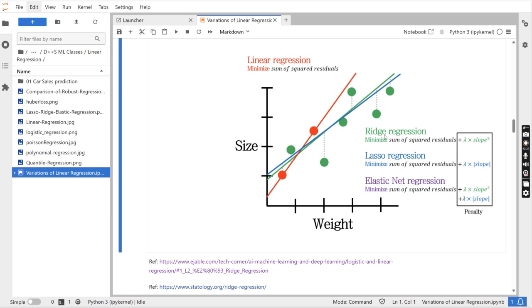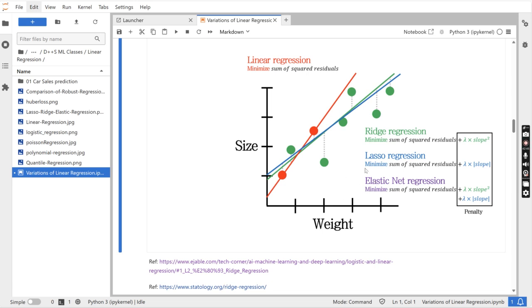Hence all the features are not eliminated. It can't be used for feature selection, but can be used only for multicollinearity. In order to handle multicollinearity, we can use ridge regression. Lasso regression we can use for multicollinearity as well as feature selection.